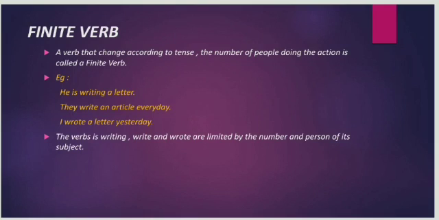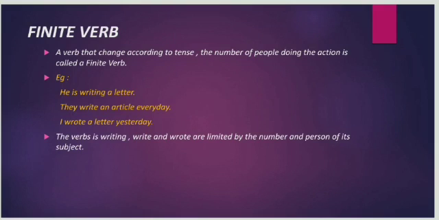And it is also limited by time. For example, this is continuous tense. So in this I have used he is writing. But suppose if you want to say something in past tense, you have to write I wrote a letter yesterday. You have to use the second form.